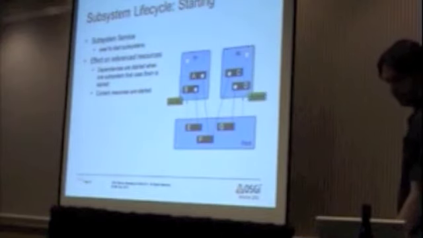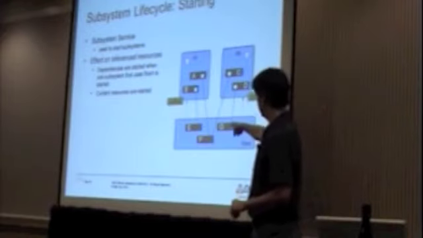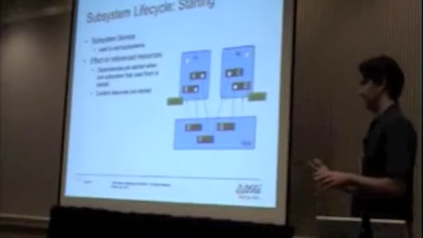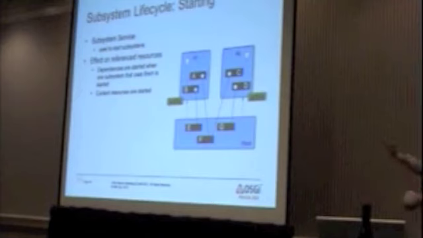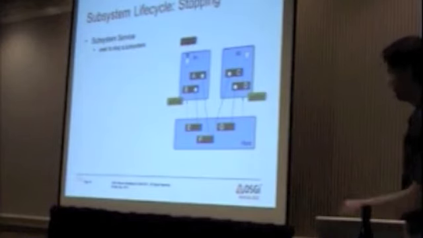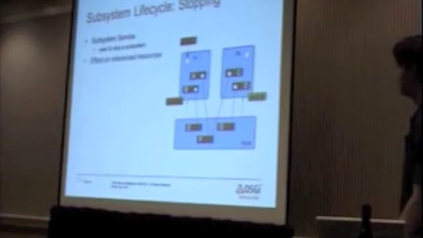If I start the second subsystem, it does the same thing. You'll notice that these two subsystems share the same bundle F, and since it was already active, it doesn't reactivate it. It just checks that it's active and makes sure it remains active when A2 is activated.